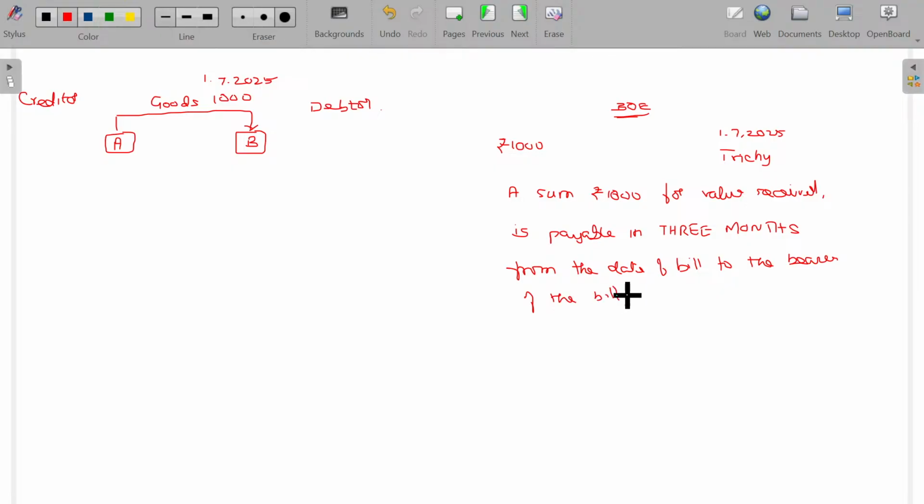This is drawn by whom? A. A draws this, and here A's details will be there. A, Trichy.